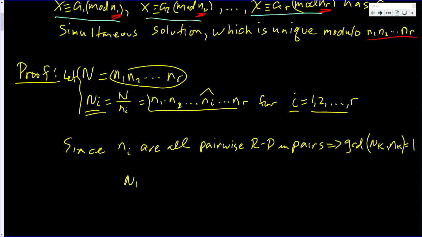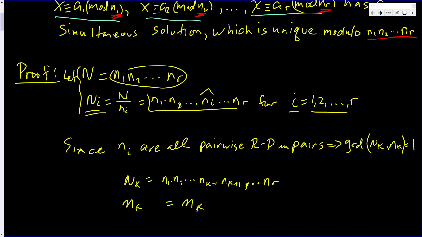Because capital N sub k is n1 times n2 all the way up to n sub k minus 1, times n sub k plus 1, all the way down to n sub r. And then you have little n sub k, which is just n sub k.